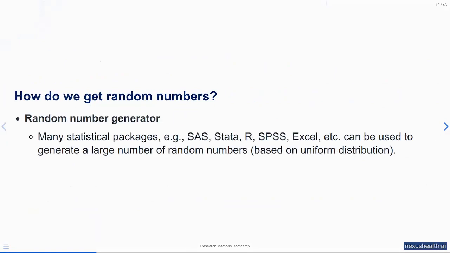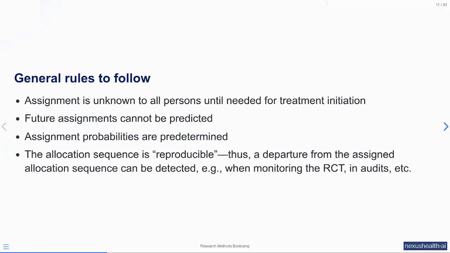We could also get random numbers through random number generators, and many statistical packages, including SAS, Stata, R, SPSS, Excel, and so on, can be used to generate a large number of random numbers, and this is based on the uniform distribution. The general rules to follow are these.